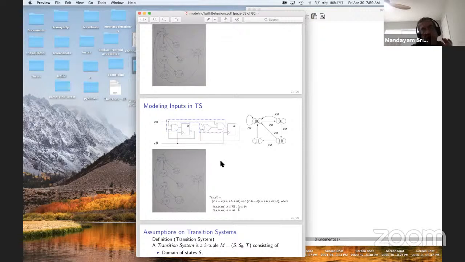Or you can model different components of a system by itself as a transition system, and then have rules for composing the individual transition systems, and that's how one has to do it in practice for this modeling formalism to scale. And we will see how that can be done.